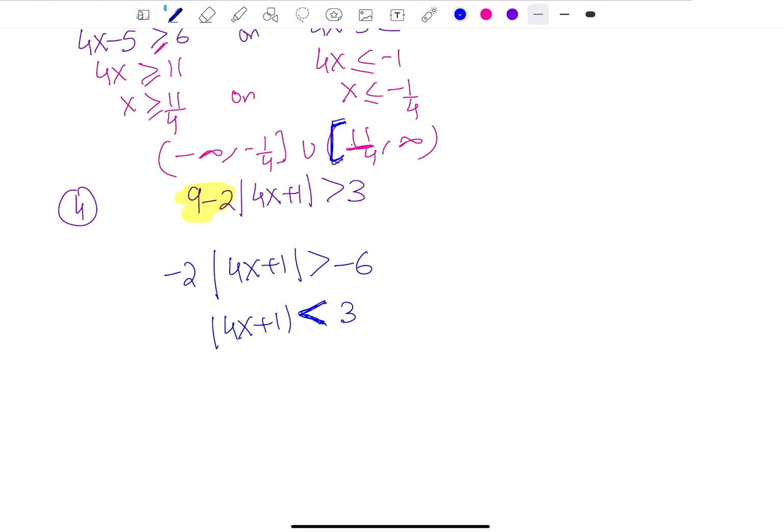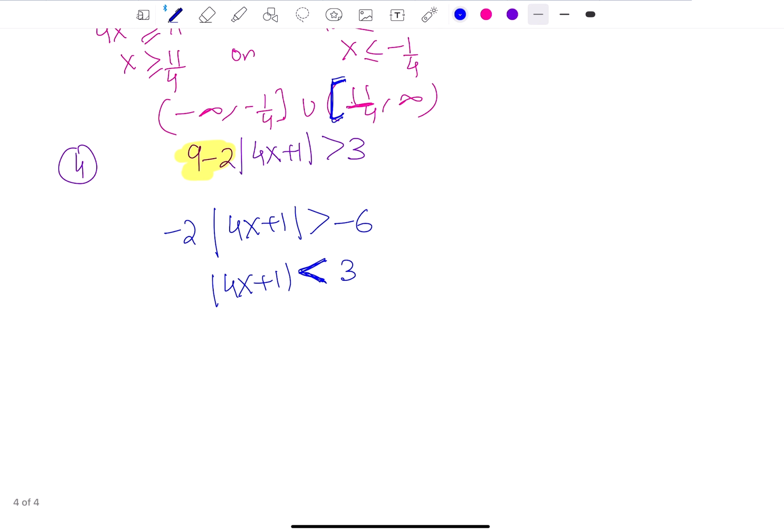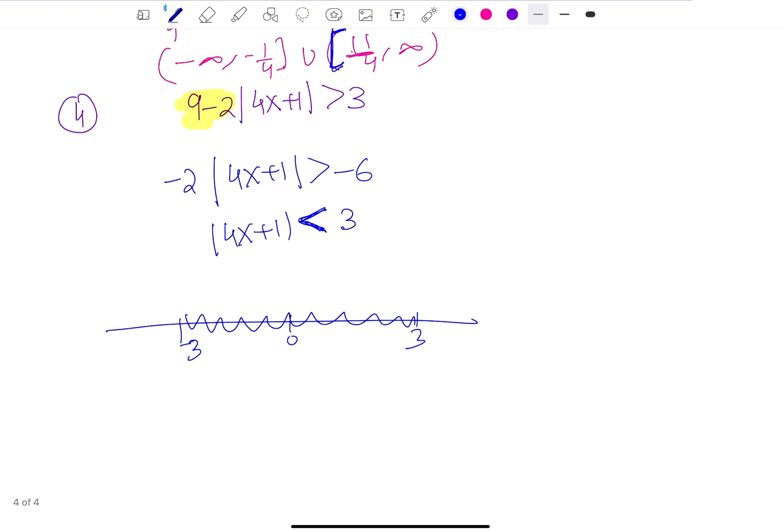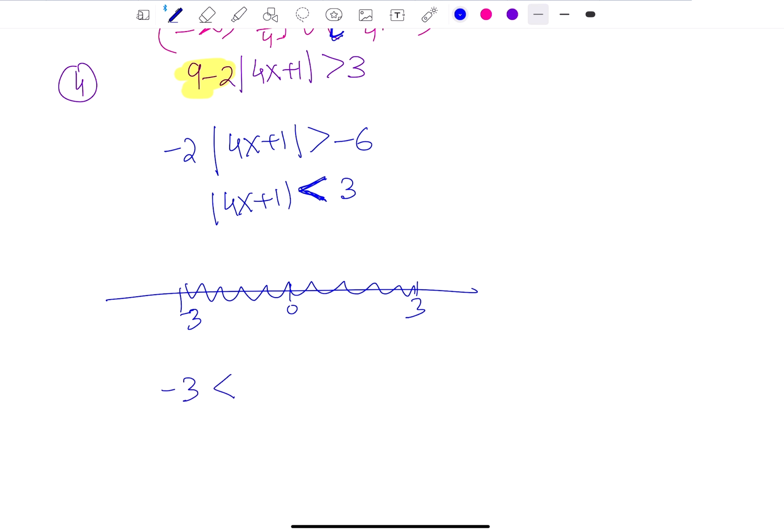The absolute value of this number is less than 3. That means that number can lie anywhere in this zone, so I'm going to write it in a compact way. The number 4x plus 1 lies between negative 3 and positive 3. Subtract 1 from each side: negative 4 less than 4x less than 2.